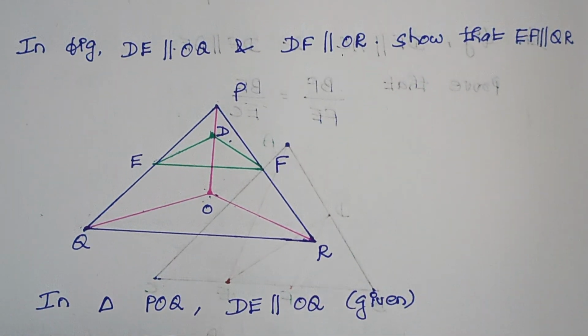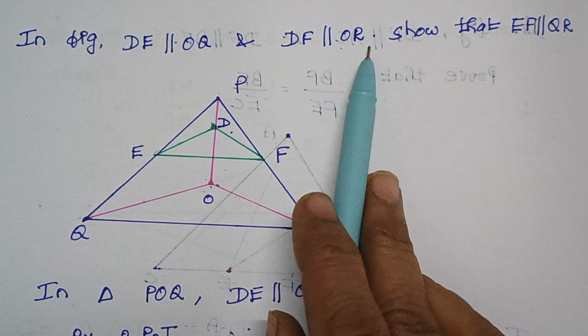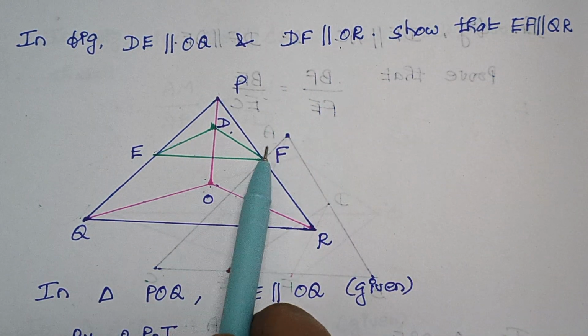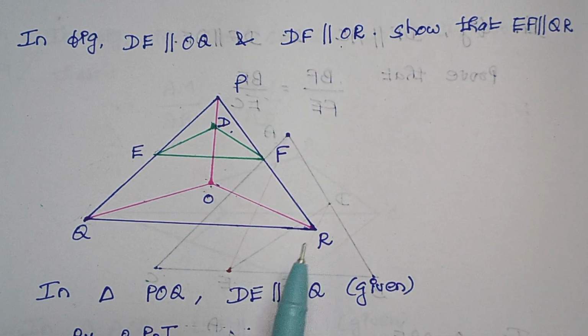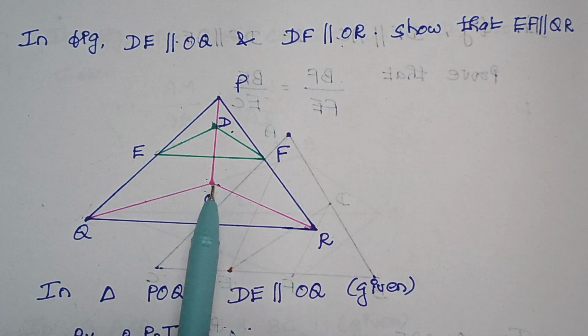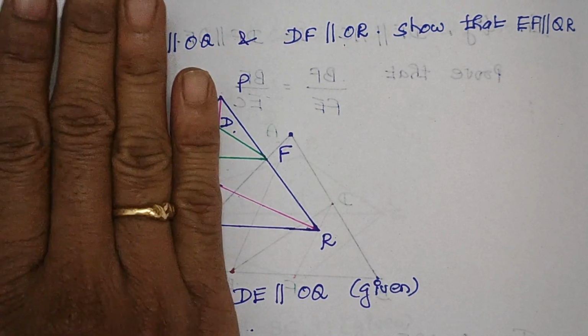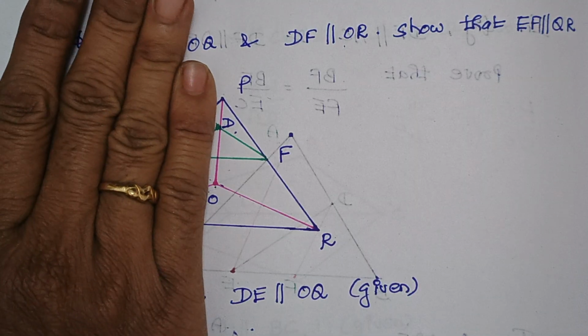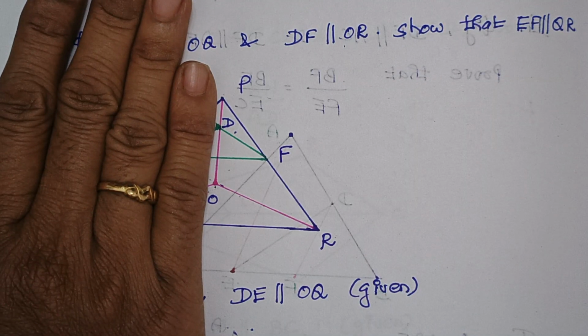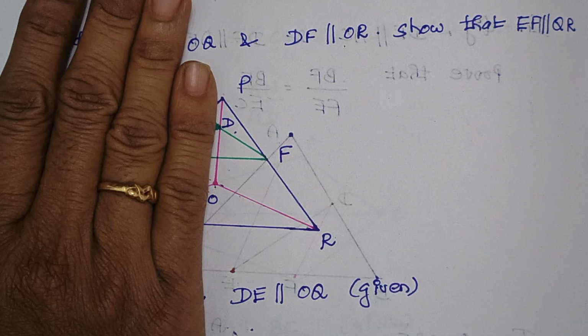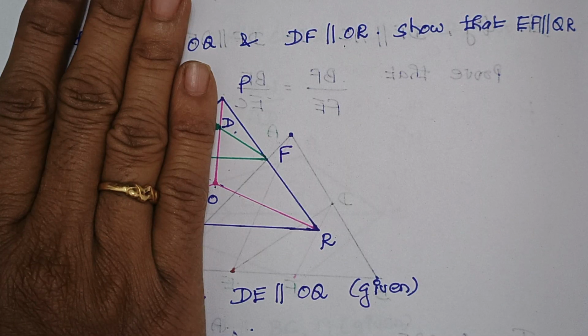Now again, what is the second thing given? DF is parallel to OR, right? This is DF and this is OR. So I have to consider the triangle POR, and again, as usual, you can hide this part. So this is the triangle POR and again DF is parallel to OR. So you can apply your BPT.